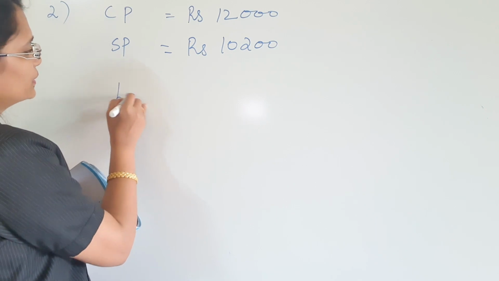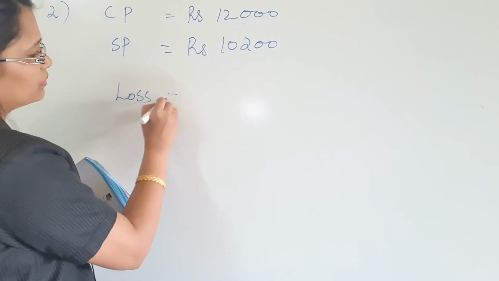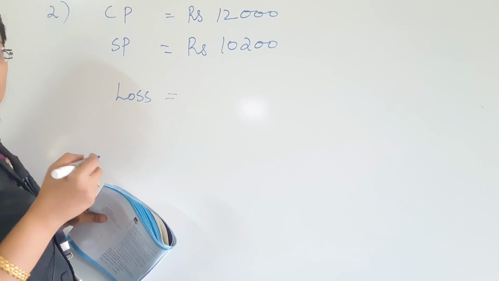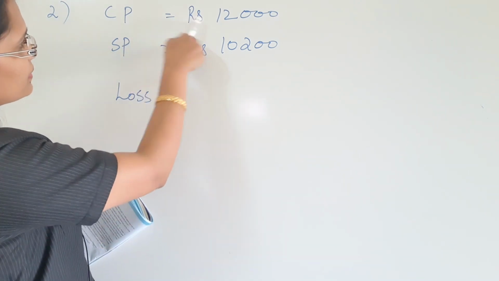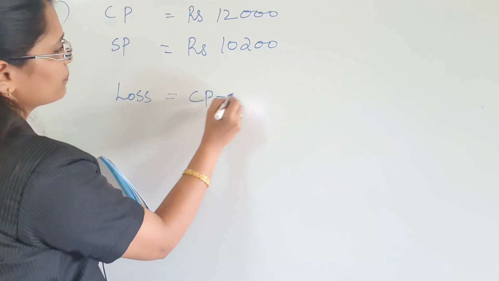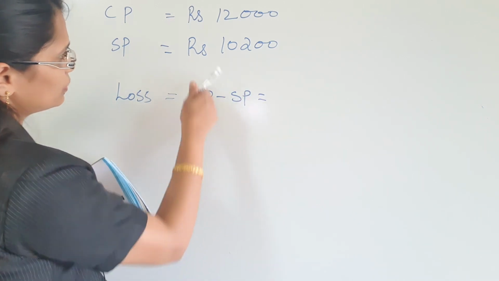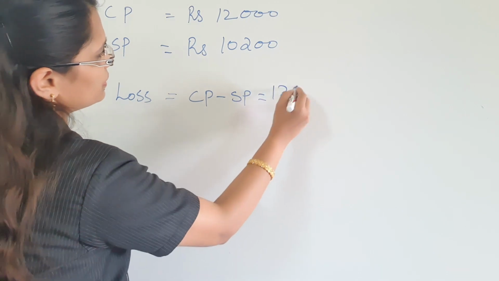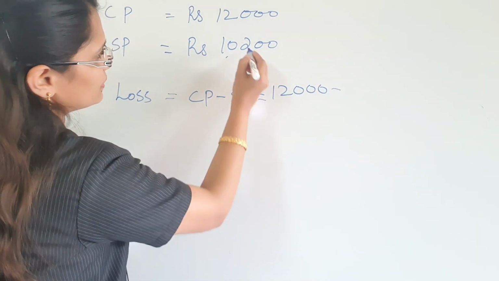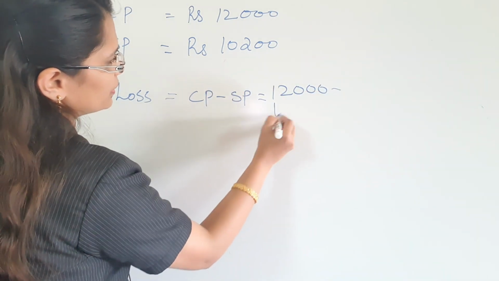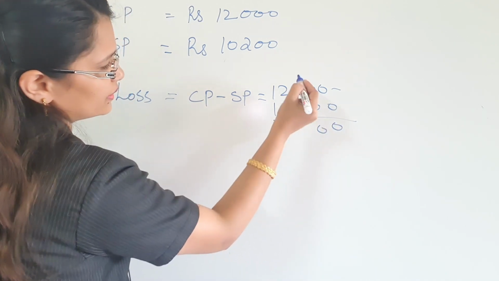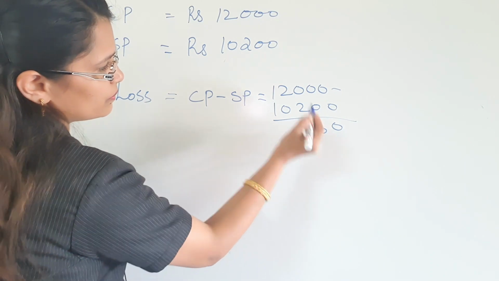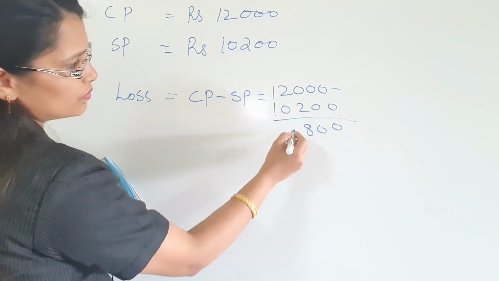Here we have to find out loss. Loss is equal to bigger number minus smaller number, that is which is bigger? CP. CP minus SP is equal to 12,000 minus 10,200. Then here 10 minus 2 is equal to 8.